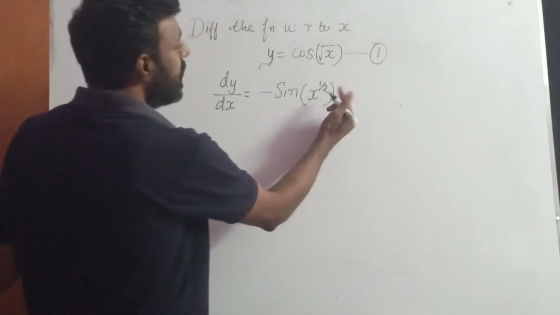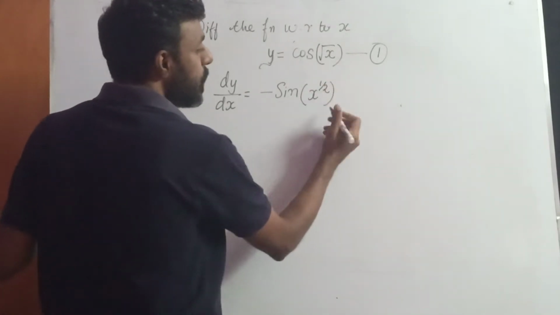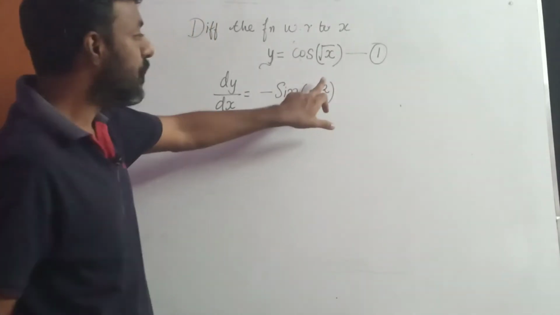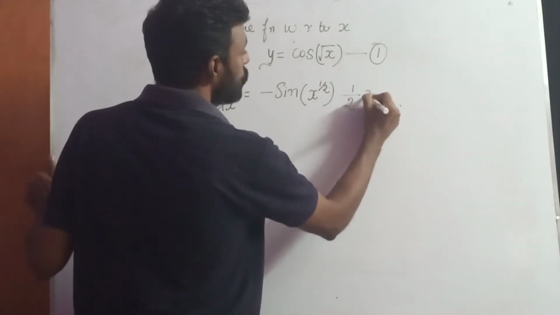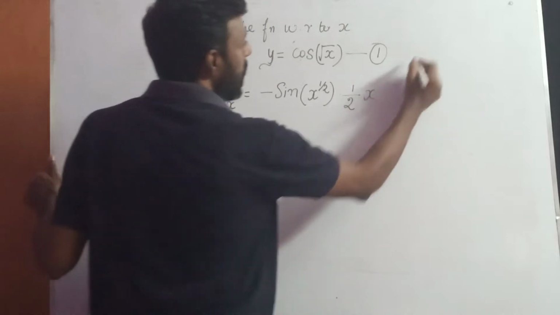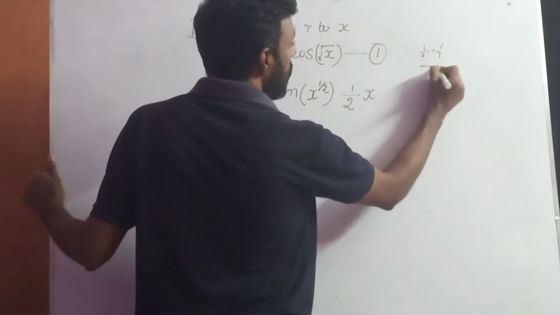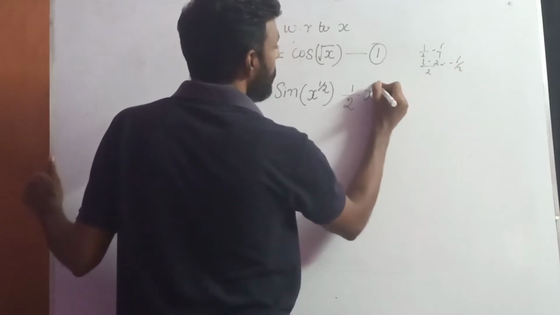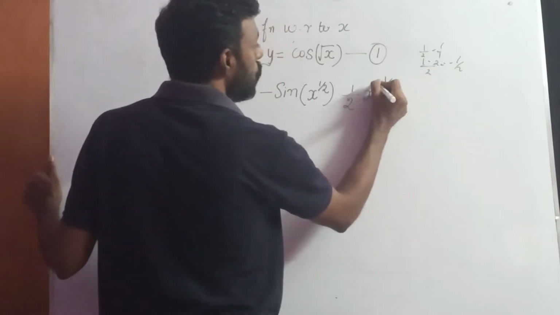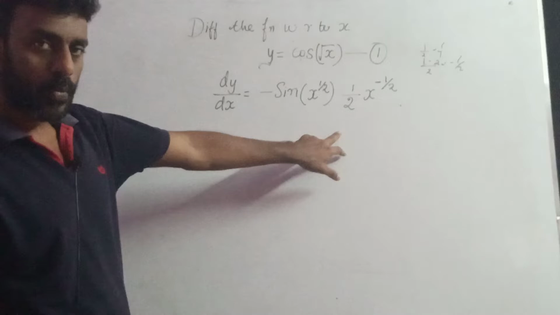Now I'm going to differentiate this one. If I differentiate x to the power half, it will become half into x to the power half minus 1. What is half minus 1? It will be minus half, so it will be minus 1 by 2, right?